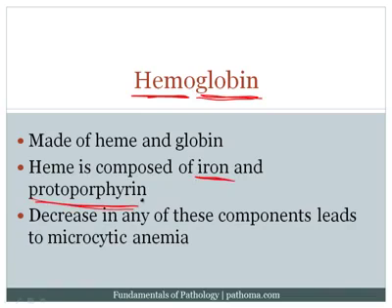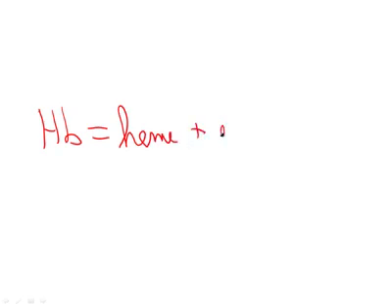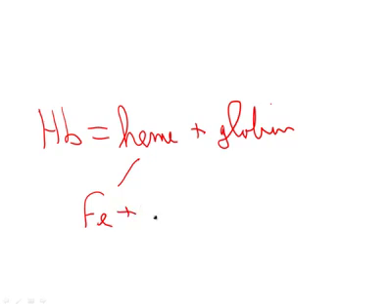And so if I were to create just a simple understanding in your mind, I've told you that hemoglobin equals heme plus globin. All right, and you know that heme is essentially composed of iron plus protoporphyrin. I'm just going to say proto here, P-R-O-T-O.